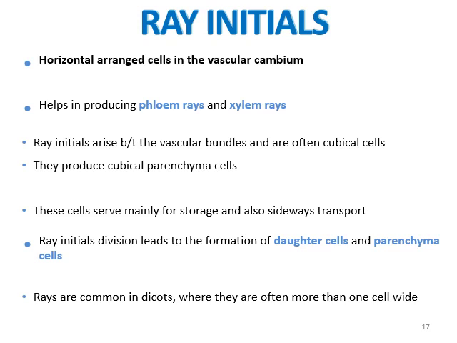Mostly, when the ray initials divide, they produce cells that transform into xylem and phloem. But in some cases, certain cells don't transform into xylem and phloem and remain as such.